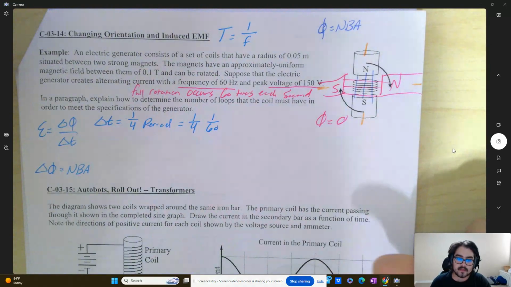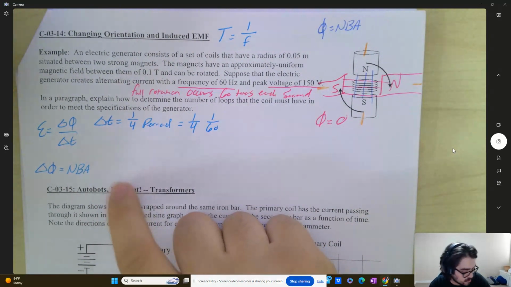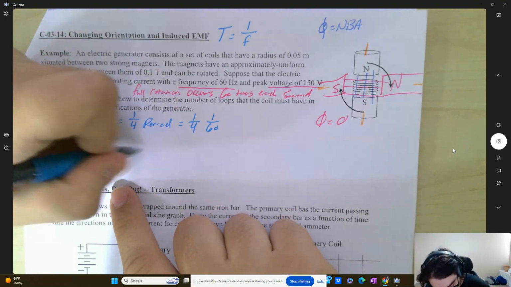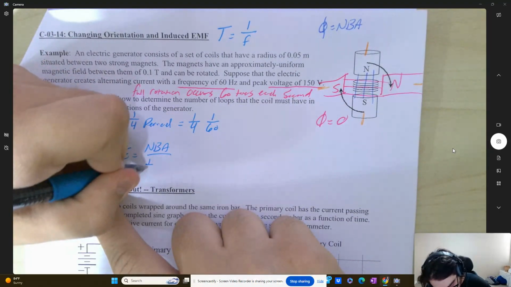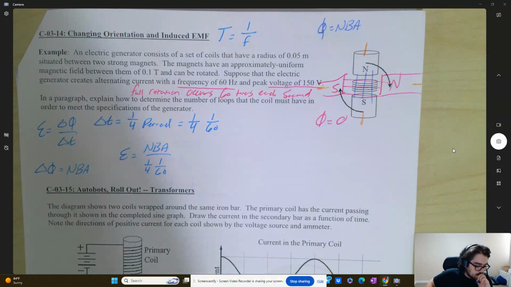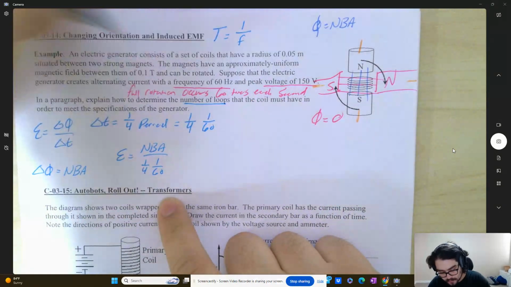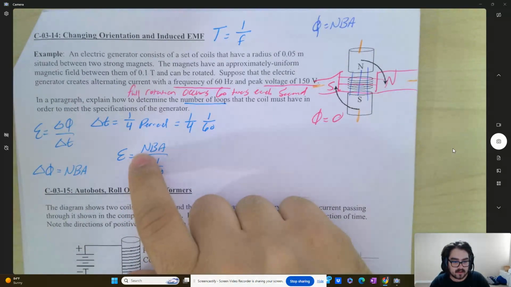Now I'm going to plug all of this into the equation. Epsilon is equal to NBA over 1/4 times 1/60. We need to get the number of turns. It says the number of loops, so we need to get N by itself. I'm going to divide by N on both sides.